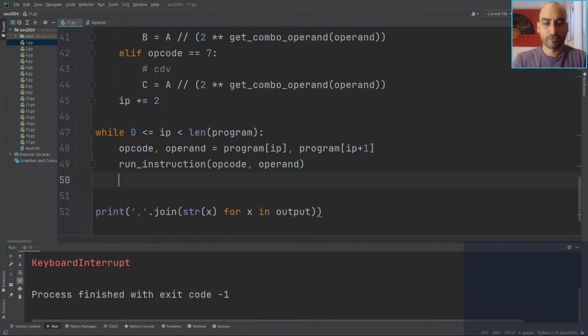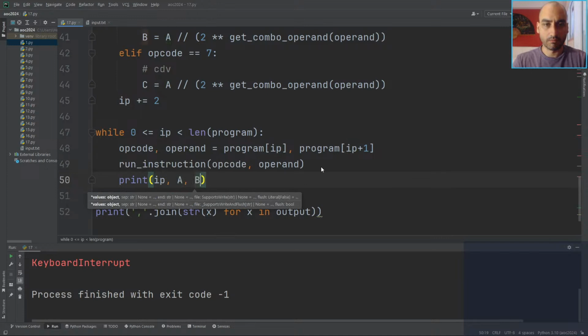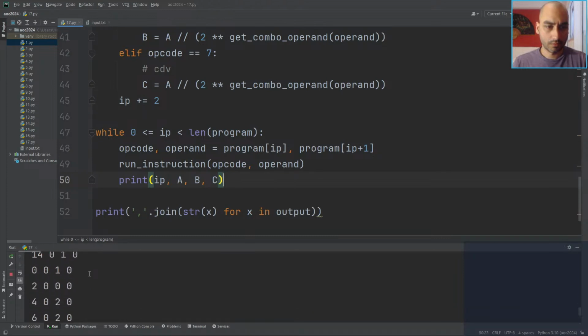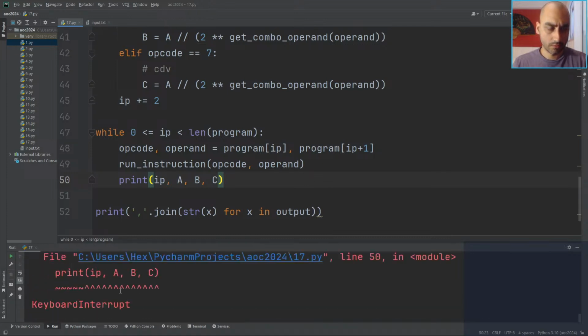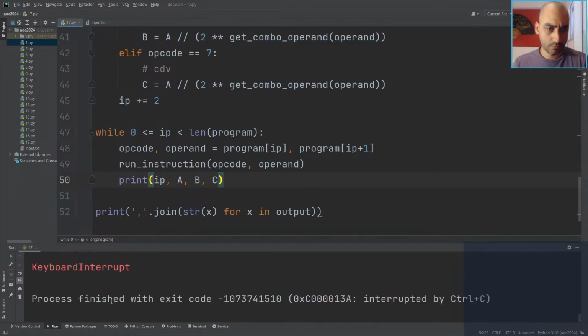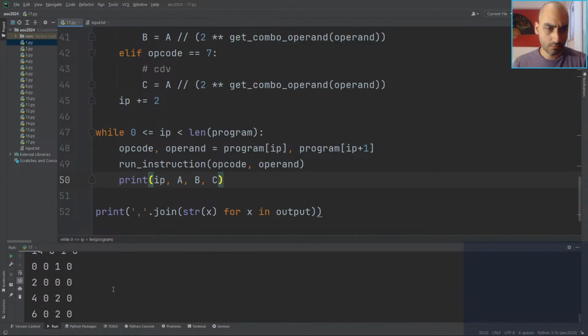Let's just print IP A B C. It's stuck in a loop.